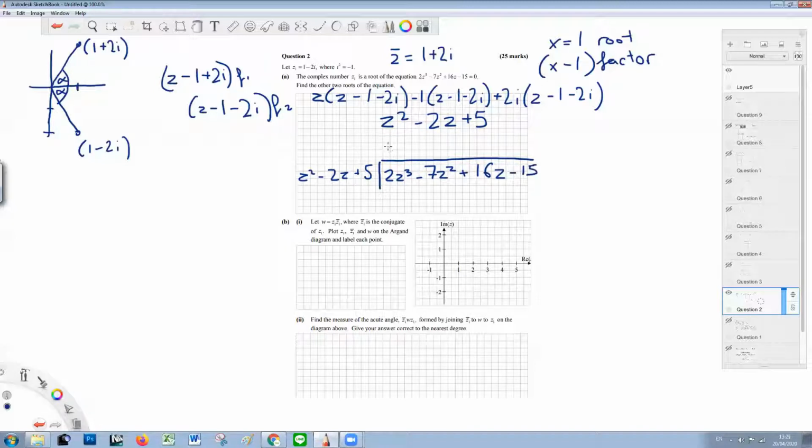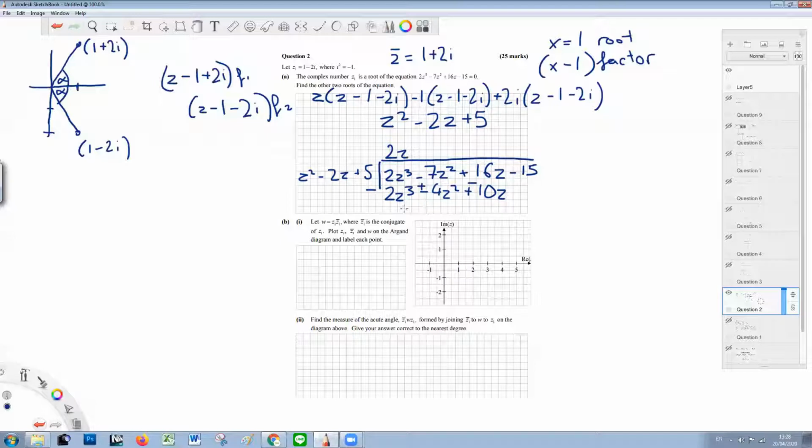So that's going to be 2z cubed. That's going to be minus 4z squared. And multiply 2 by that, it's going to be plus 10z. So it's going to be a minus, that's going to be a plus, and that's going to be a minus.